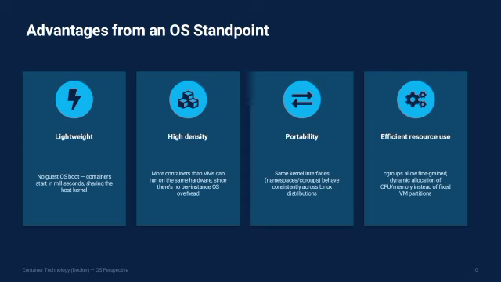Third, portability. Since namespaces and cgroups behave consistently across Linux distributions, the same container runs reliably anywhere with a compatible kernel. And fourth, efficient resource use. Cgroups allow fine-grained, dynamic allocation of CPU and memory, unlike the fixed pre-allocation you get with VMs.